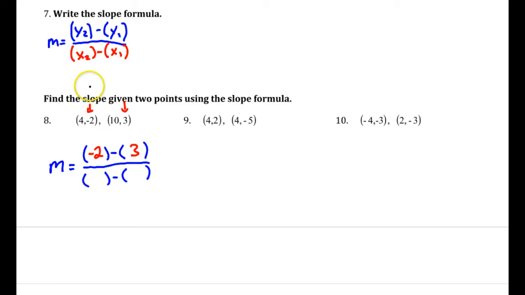And then on the bottom we'll have 4 and 10. Okay, and then go ahead and simplify. So negative 2 minus 3 is negative 5. And 4 minus 10 is negative 6. Can that be reduced? Yes, it can. Negative over negative simplifies. So our final answer is just 5 over 6.